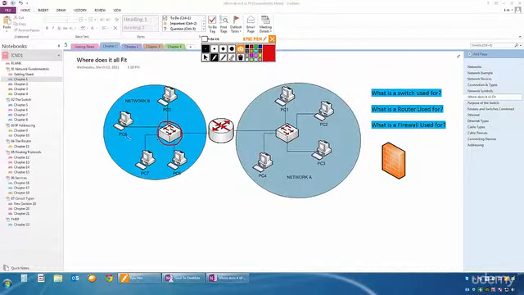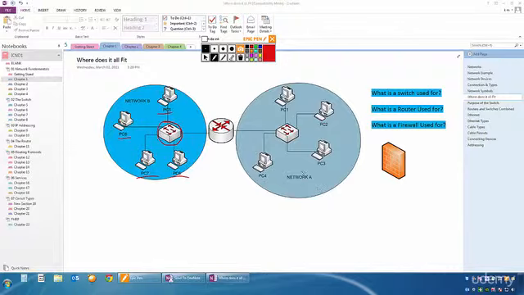This allows PC 5, 6, 7, and 8, I think I got 8 in there twice, so that might be 6, it allows all of these PCs to communicate with each other. It also allows them to communicate over here with network A.